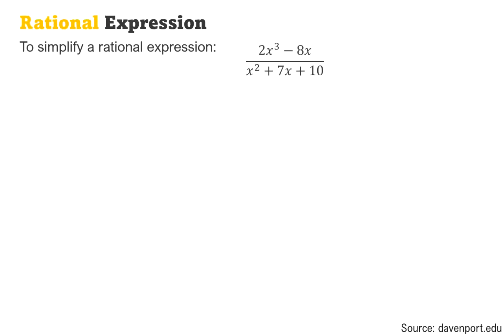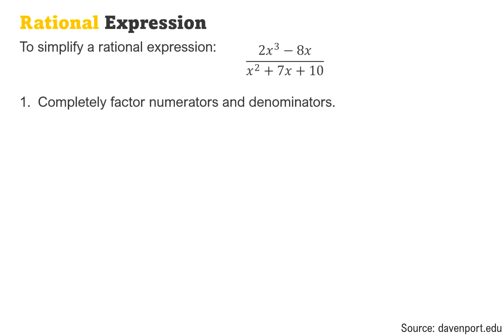At dahil alam na ninyo kung paano mag-identify ng rational expression, ngayon naman, aalamin naman natin kung paano mag-simplify ng rational expression. So, you were given 2x cubed minus 8x all over x squared plus 7x plus 10. So, paano nga ba? First step, you have to completely factor the numerator and the denominator.